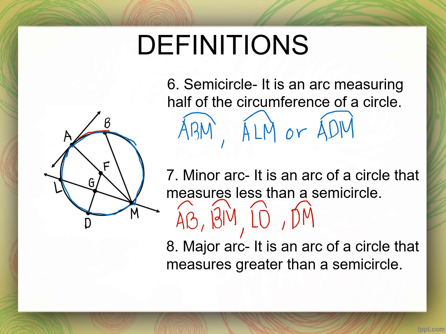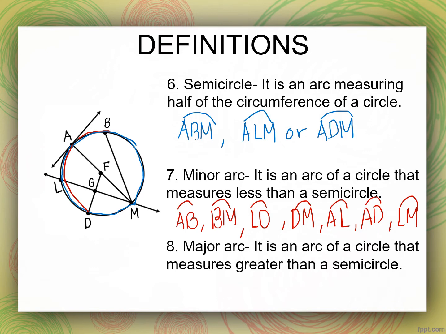Arc AL, then we can also have arc AD, this one. You can also write that as arc ALD if you want to. Then arc LM also, or you can also name it as arc LDM.